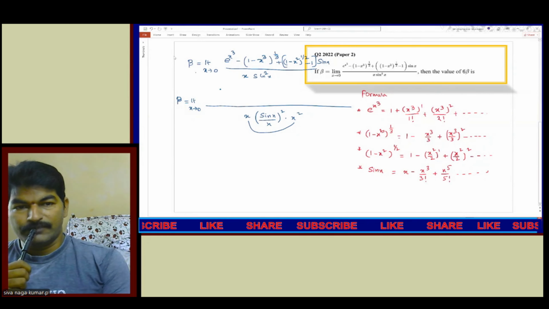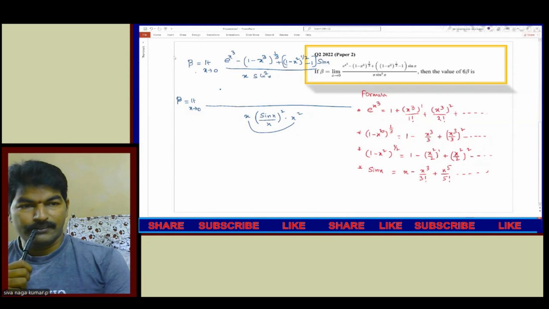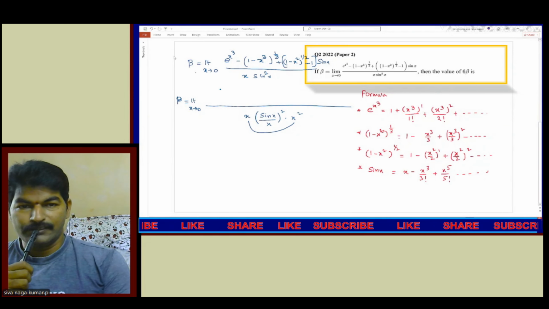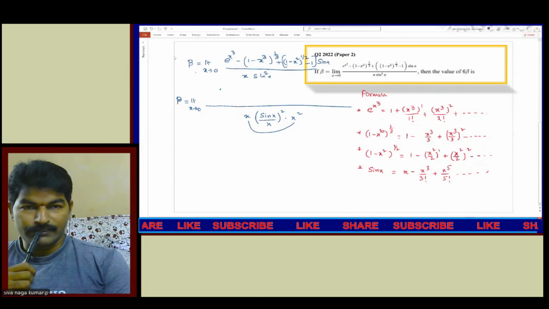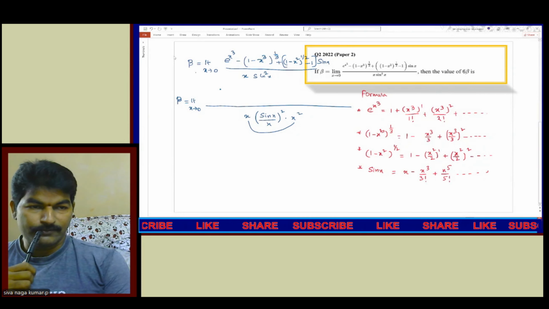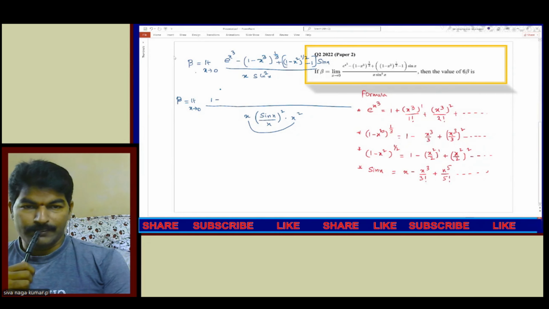Now I'm substituting all these values from the formulas into the problem. So first e power x cube: 1 plus, of course it is x cube only, and then plus, not needed further, I will write and so on, and I'm neglecting the remaining values.